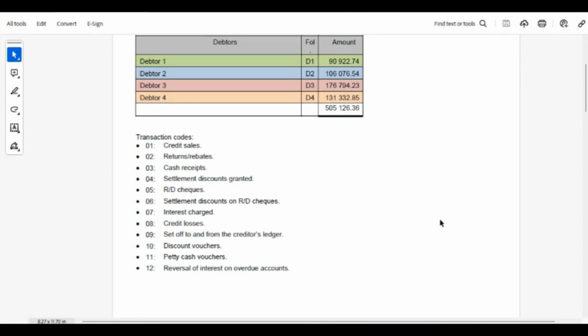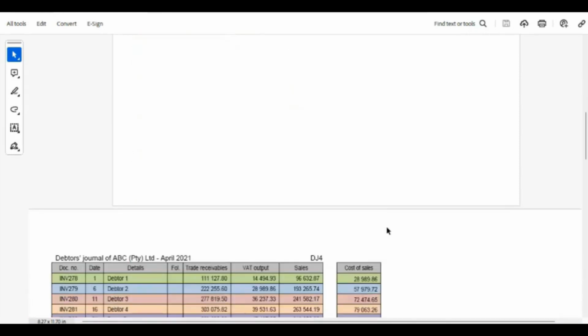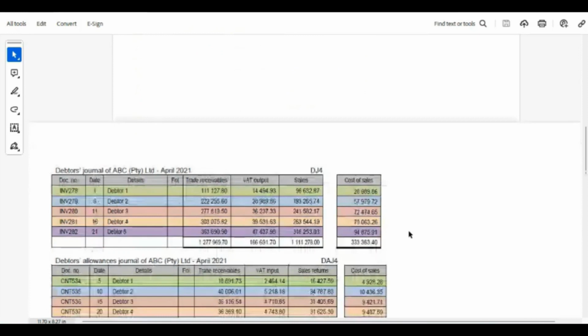Okay. Now, even though they give you here 12 different codes, you are not going to use all 12 codes. Like always happens in these type of questions, you get more information than what you are going to use.